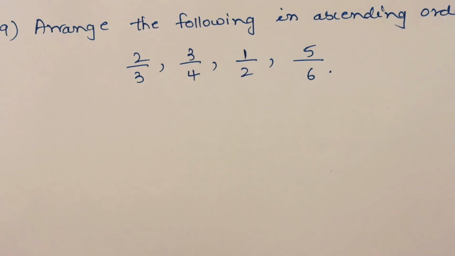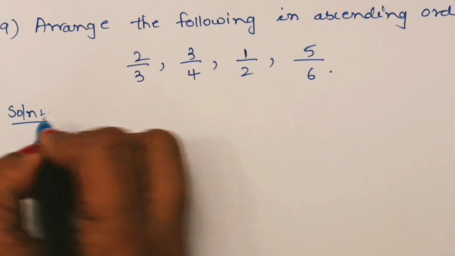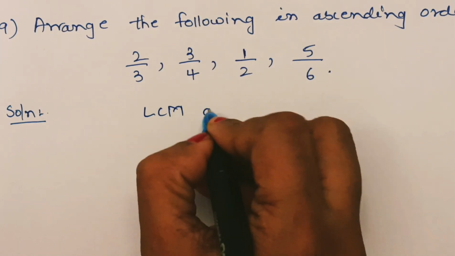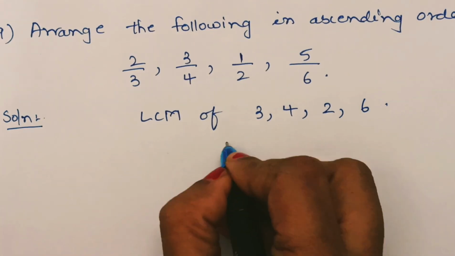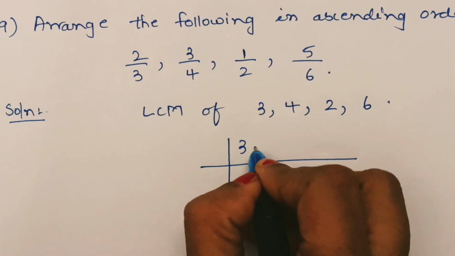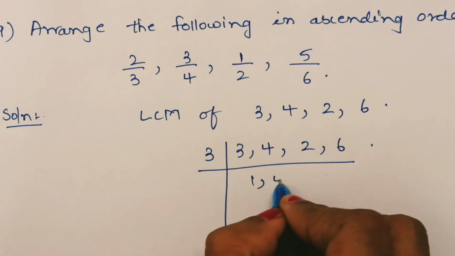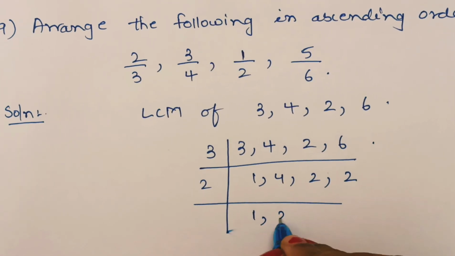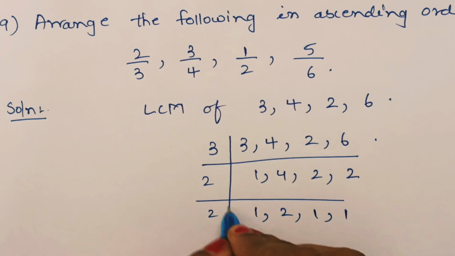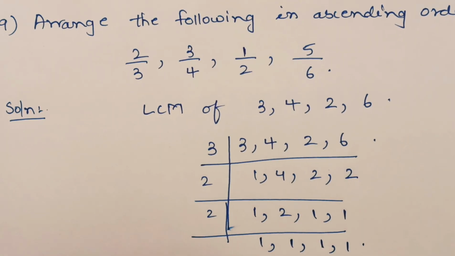When you see the fractions, the denominators are different. So first and foremost, we have to find the LCM of 3, 4, 2, 6. So how to do it? Let's see. 3, 4, 2, 6. 3 ones are 3, 3 twos are 6, 2 table, 2, 1, 1. Again 2 table, 1, 1, 1, 1.